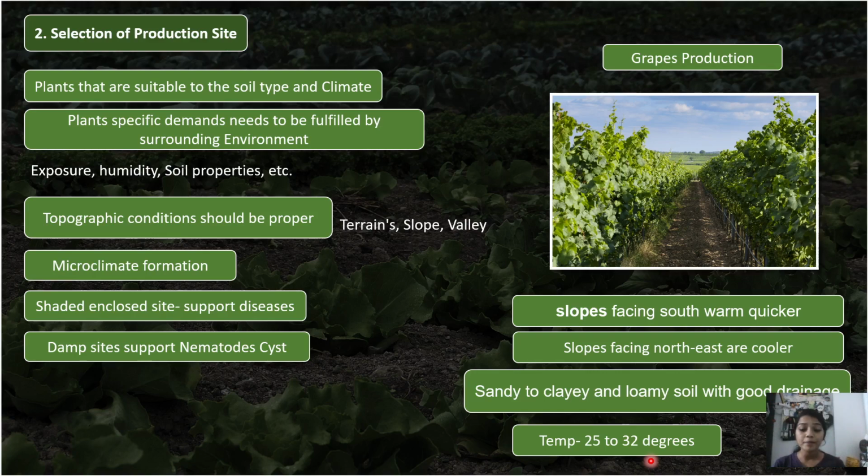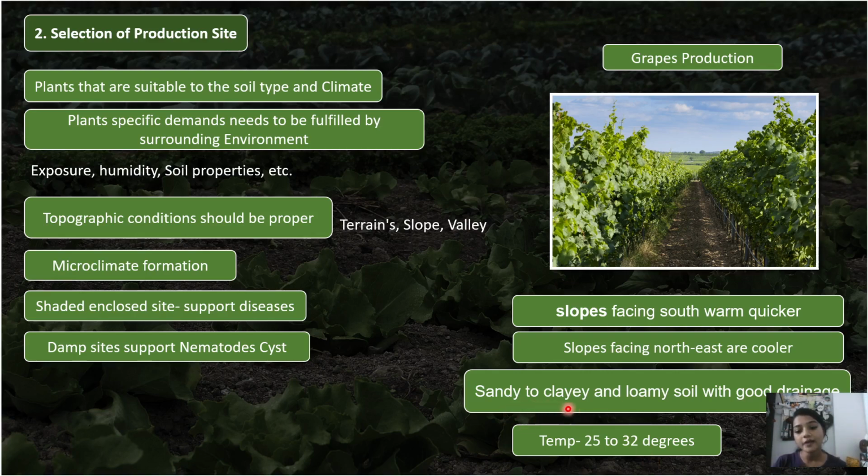So any temperature below 25 or above 32 will not give you good production, and some of the plants might also become weak, and this will ultimately lead to an invitation to the diseases, right?